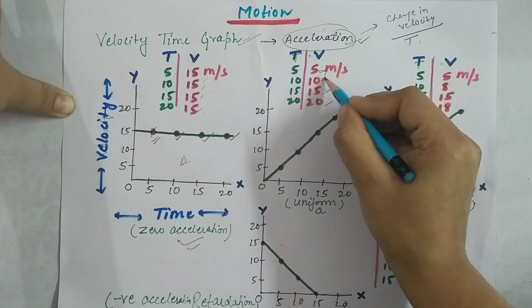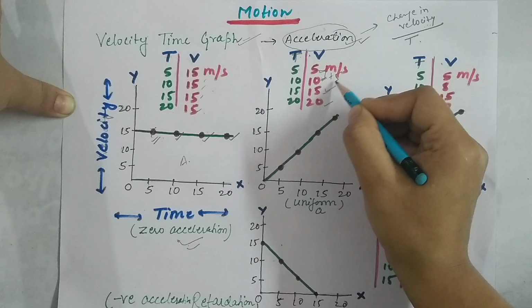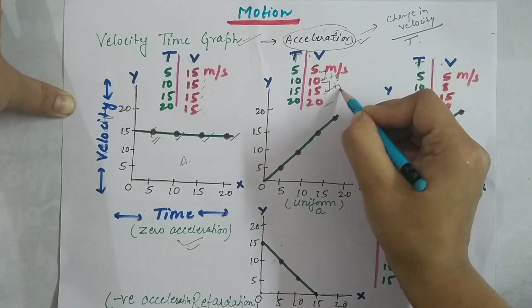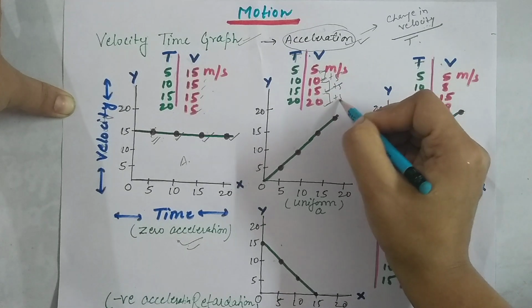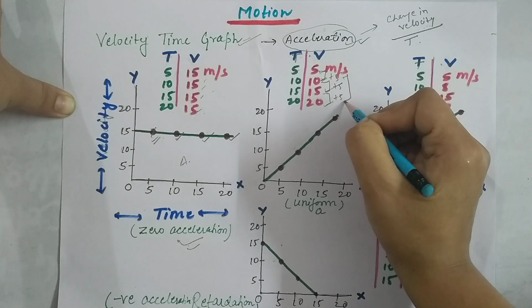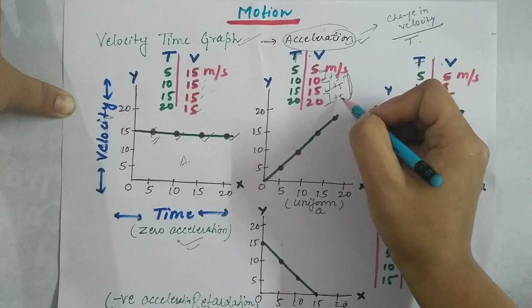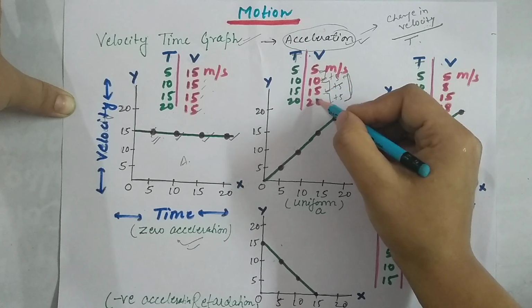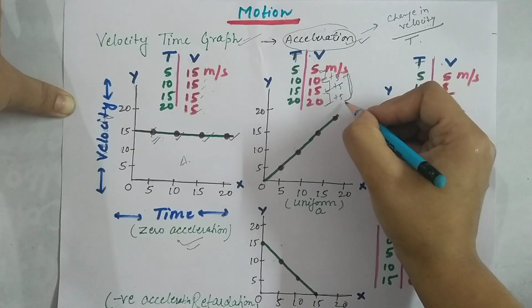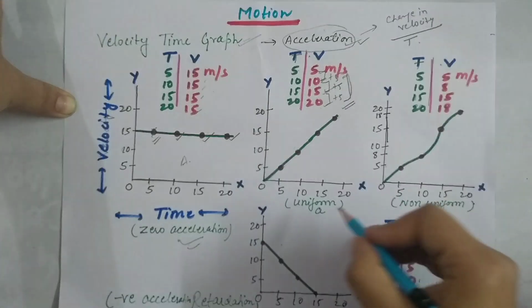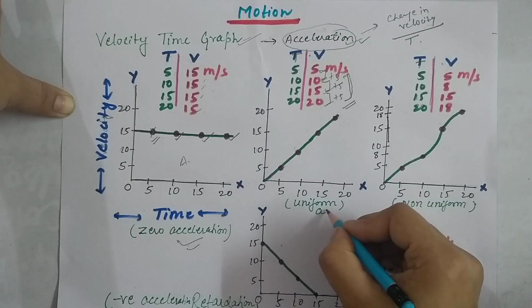There is an increase of 5, again an increase of 5, and again 5. So you can see a particular pattern: 5 meters per second is added each time. So we can say that it shows a uniform acceleration.